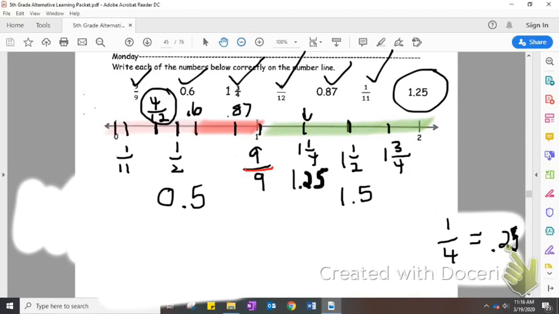If you didn't know that, there's always a way. You could simplify 25 hundredths by finding common factors. Okay, they're both divisible by 25, if you wanted to do it really fast. They're also both divisible by 5.